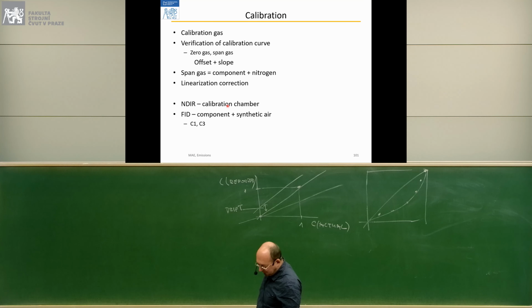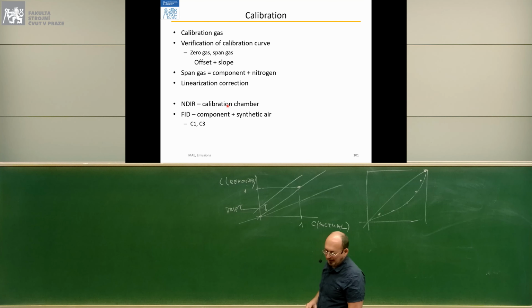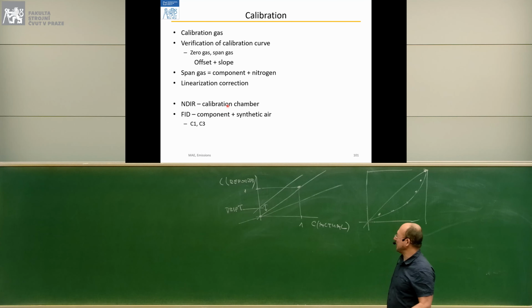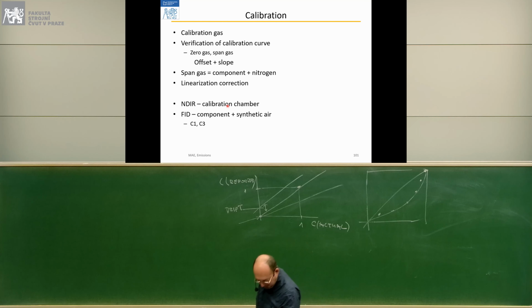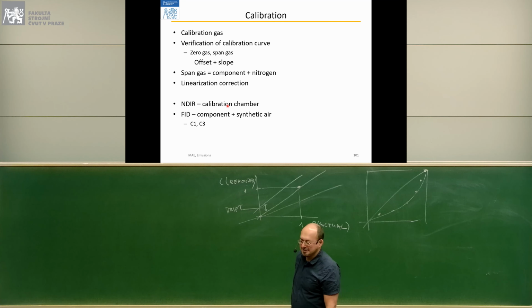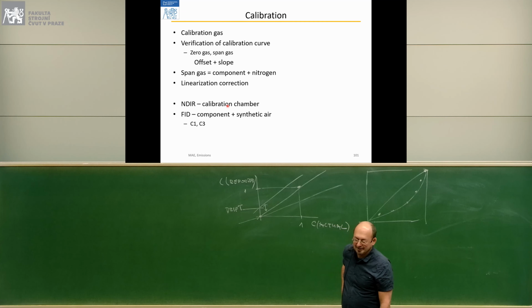So every measurement device needs to be calibrated. Ideally, if you want that measurement to be conclusive, it needs to have metrological traceability to some primary standards.